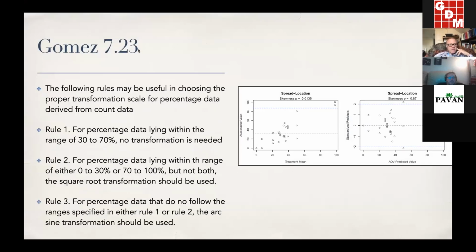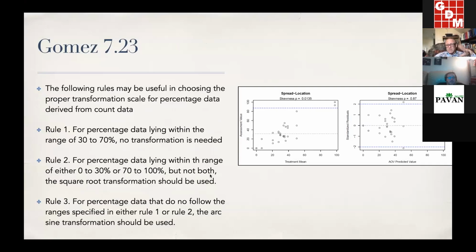Gomez and Gomez have some further rules for transformation. If the data are in the range between 30 and 70%, we very rarely need transformations. If they are in 0 to 30, the square root transformation should be used. For 70 to 100, we can use a square root transformation, but we usually take 100 minus the original value.